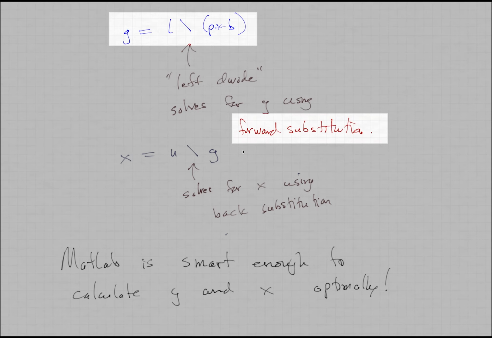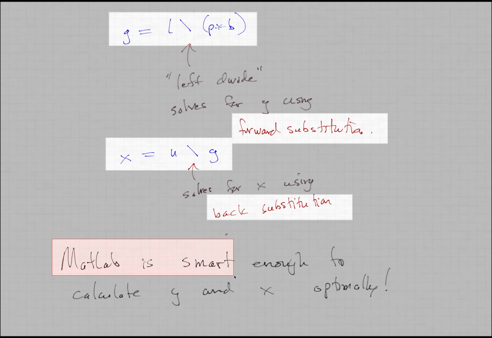So it will do that optimally. And similarly, when you're solving for X, X equals U backslash G, in this case U is an upper triangular matrix. MATLAB is smart enough to know that the optimal way to do that is to use back substitution. So you don't have to worry about that. MATLAB is smart enough to do that optimally. Right, MATLAB is smart. There we go.